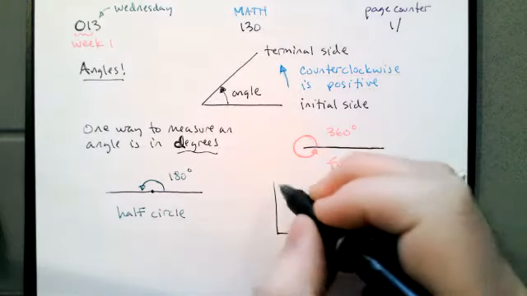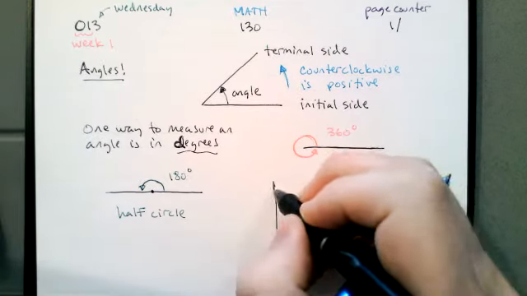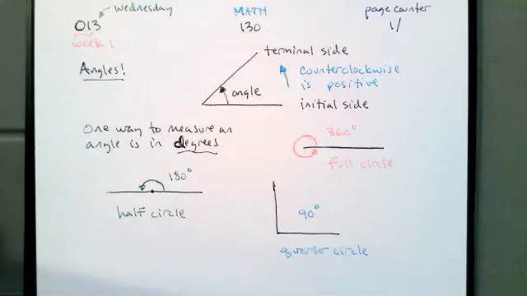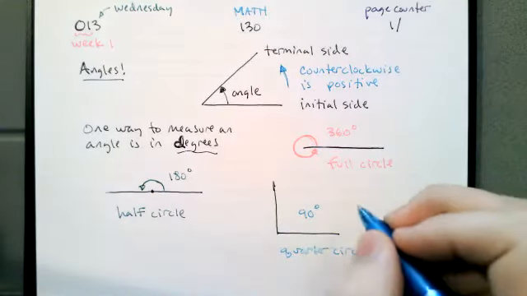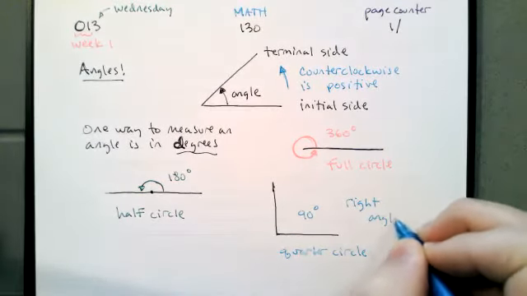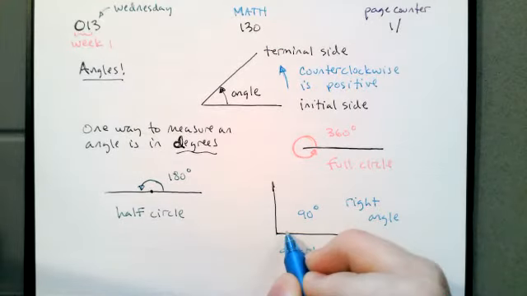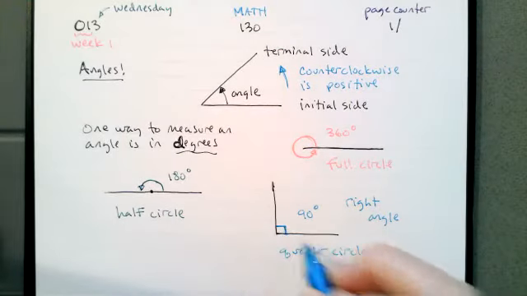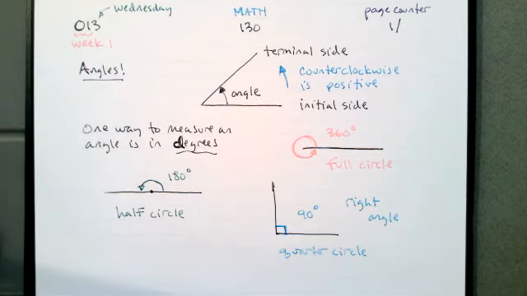What's another word for a 90-degree angle? It's a right angle. So we call this a right angle. And we have a special notation for that. We put a little box in the corner. And so that's our special notation for right angles.